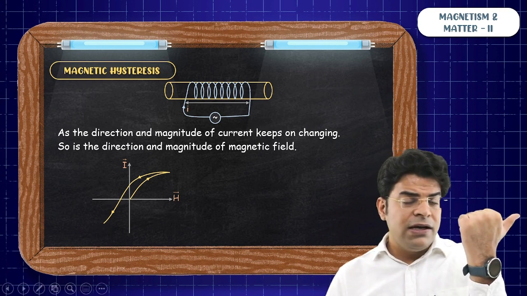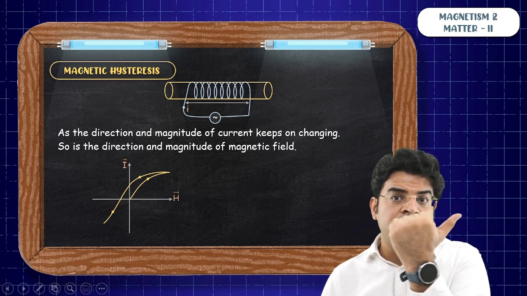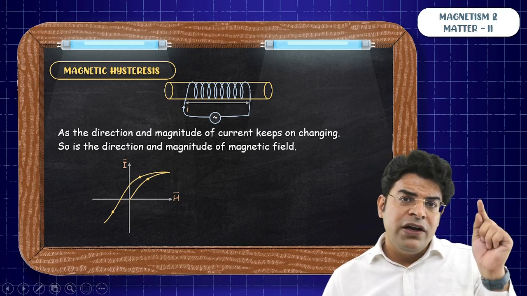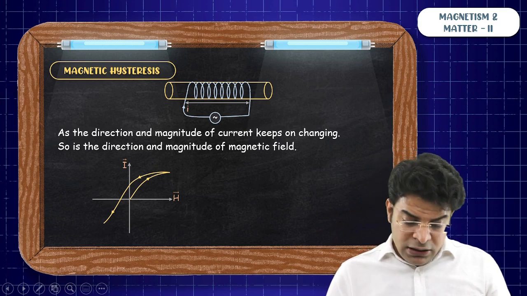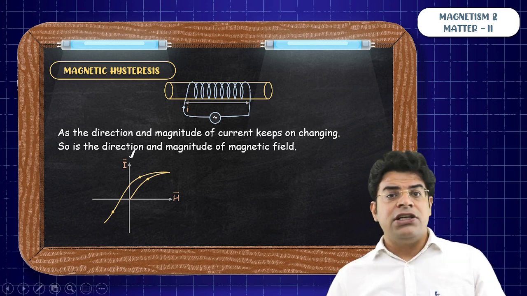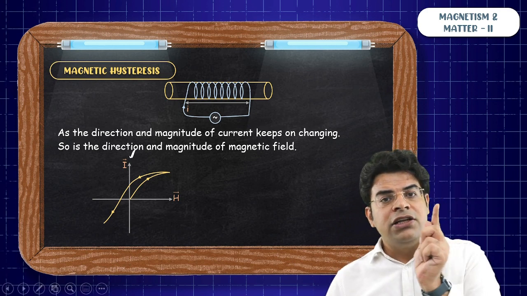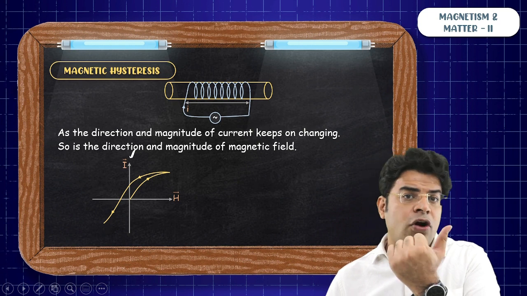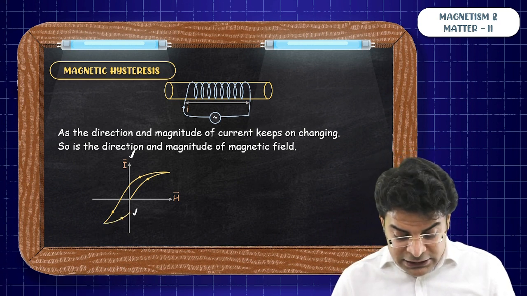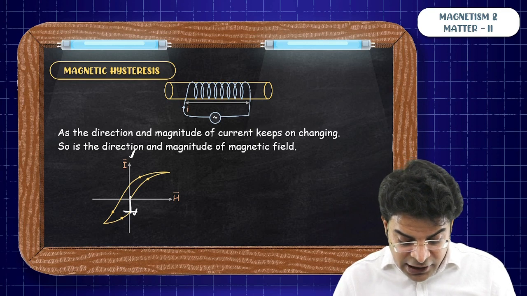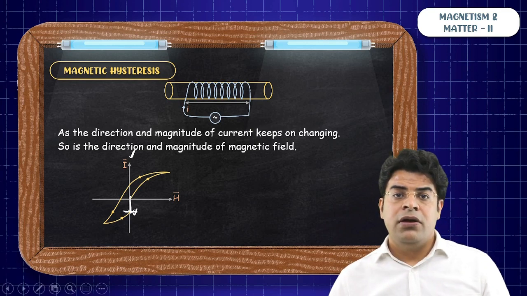Then the field starts decreasing in magnitude in the opposite direction. When the field starts decreasing in magnitude in the opposite direction, the intensity of magnetization also starts decreasing in the opposite direction. But when the field in the opposite direction becomes zero, still some magnetization persists in the negative direction.